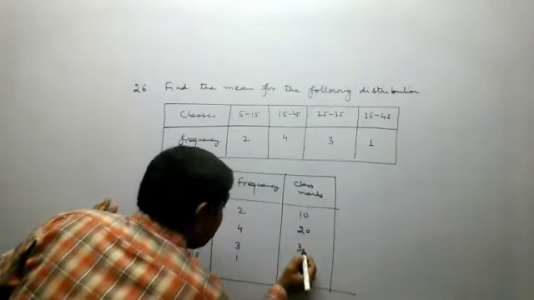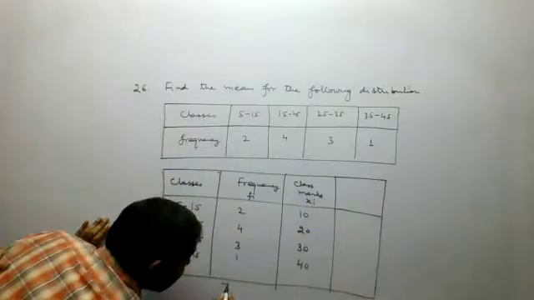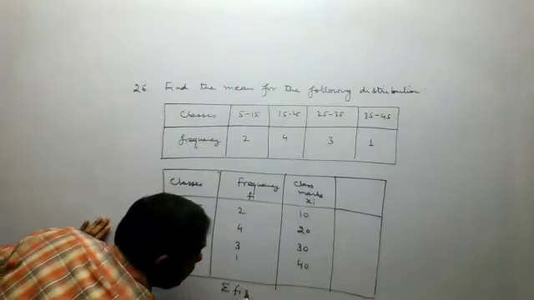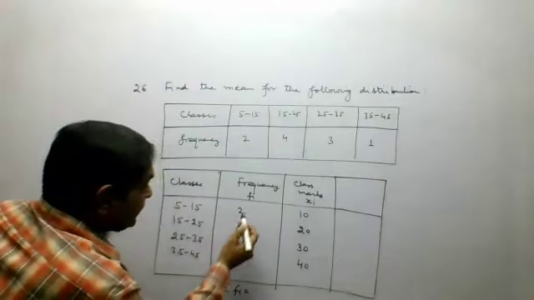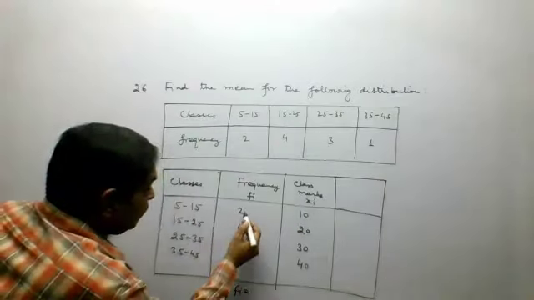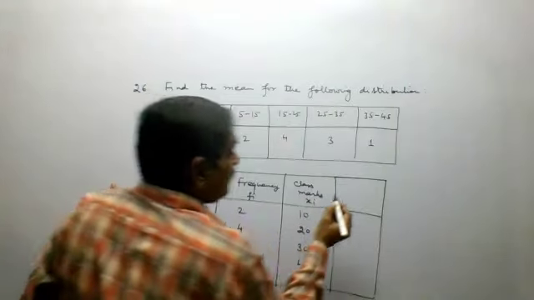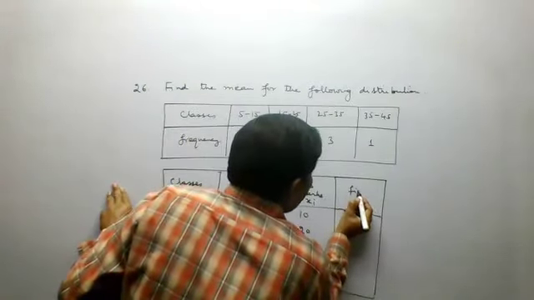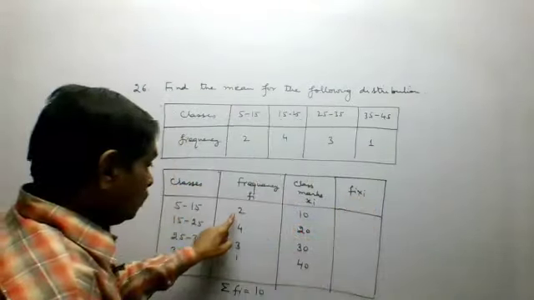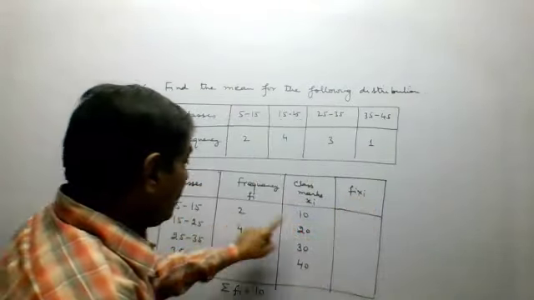Here we will write Fi. Here we have Xi. Now sum of Fi, that is sigma Fi, which we write N also, is 2 plus 4 is 6, 6 plus 3 is 9, 9 plus 1 is 10. Here we will be computing Fi Xi. 2 into 10 is 20.